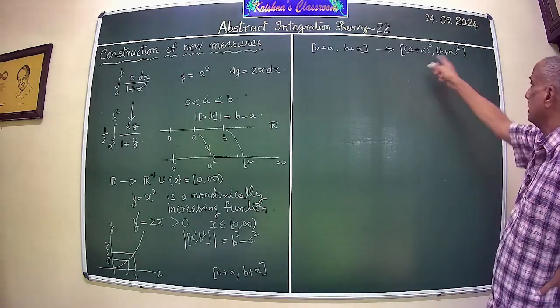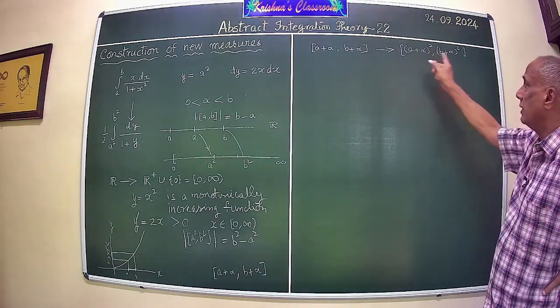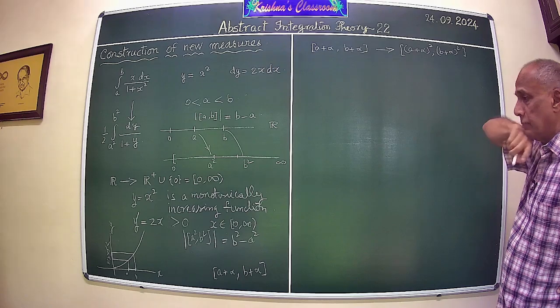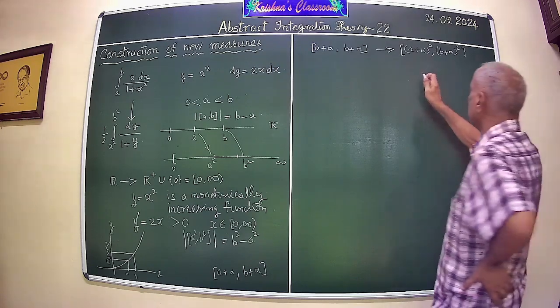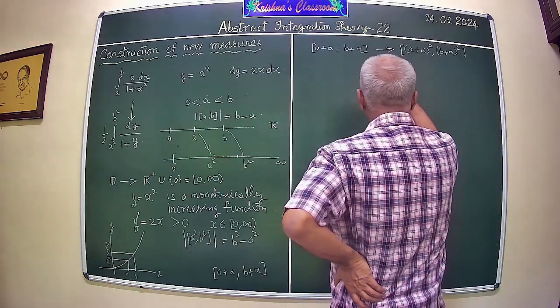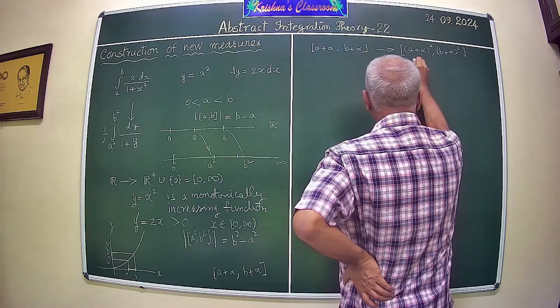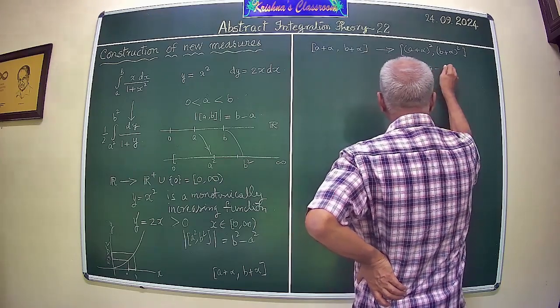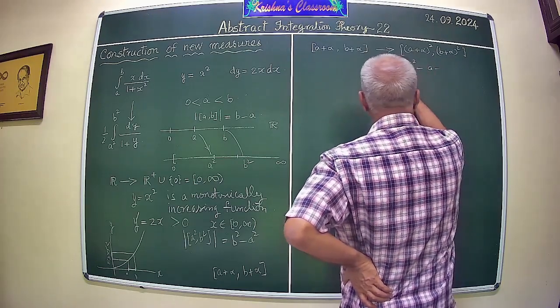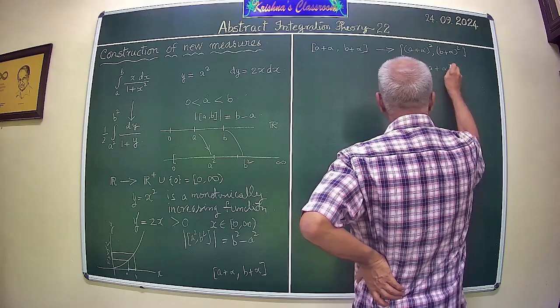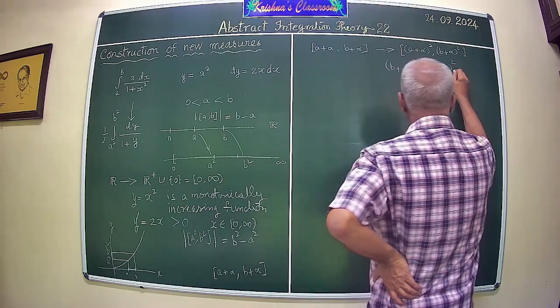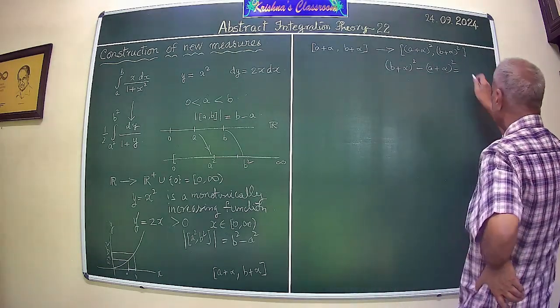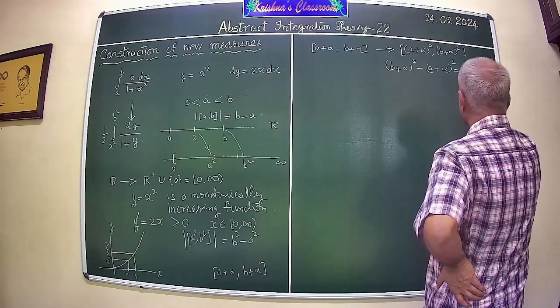What is the length of this interval? The conventional Lebesgue measure of this interval is b plus alpha square minus a plus alpha square, which is equal to b square minus a square.